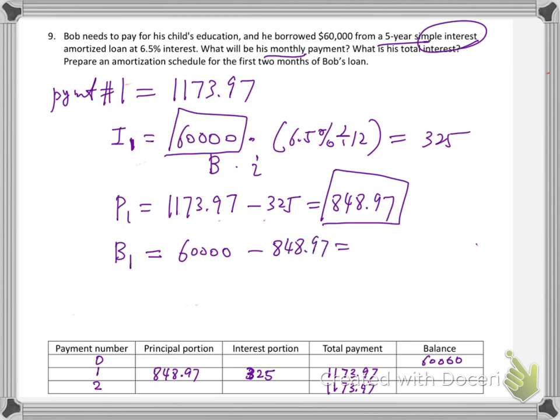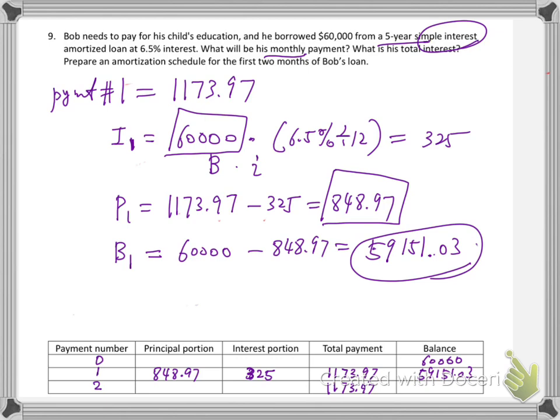We got the new balance, which is 59151.03. So after the first payment, the balance is 59151.03. This will be the new balance for the next calculation.